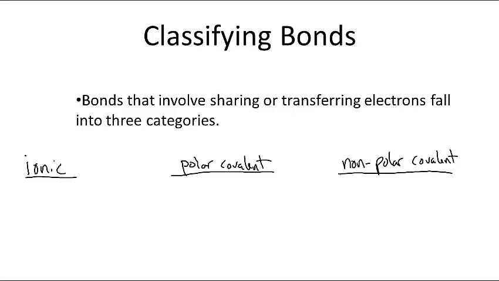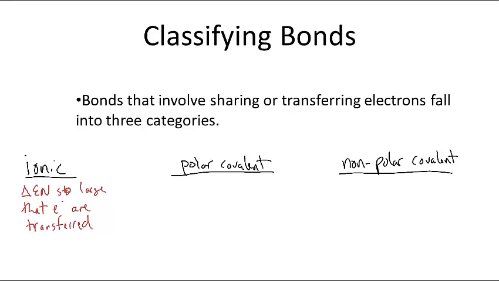Now, in ionic, the difference in electronegativity is so large that electrons are transferred. This happens between a metal and a nonmetal.